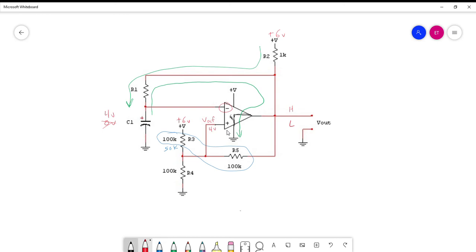Do you see what that does if you have a single threshold where the cap initially charged up to the 4 volts, and then, oh, it went past. So now it's going to discharge, charge, discharge, charge, and you just have what looks like a lot of noise. It'd be a very high frequency oscillation, basically looking like noise, because as soon as you go over, then you go under, then you go over, and so on. So this is the part that we have to understand is important.